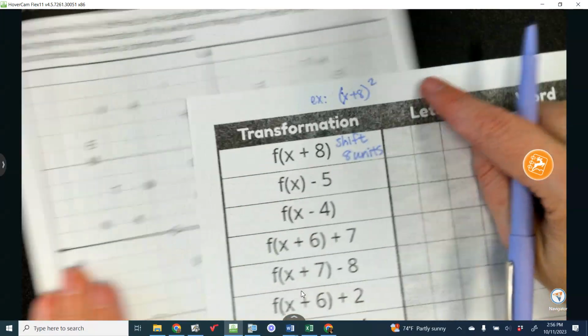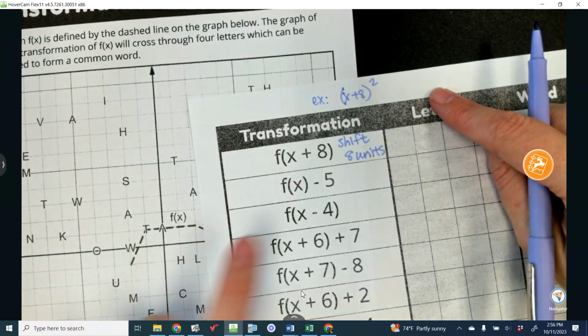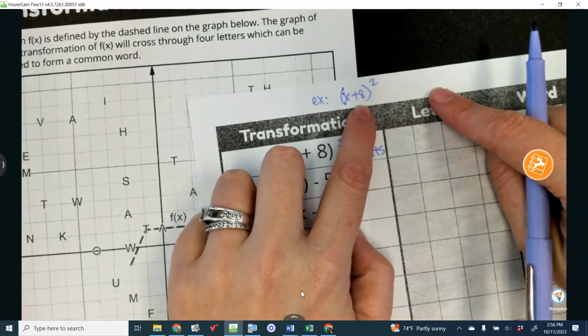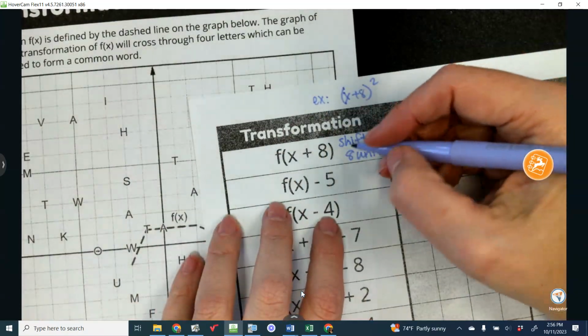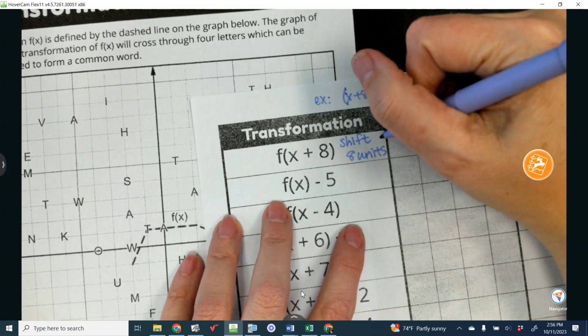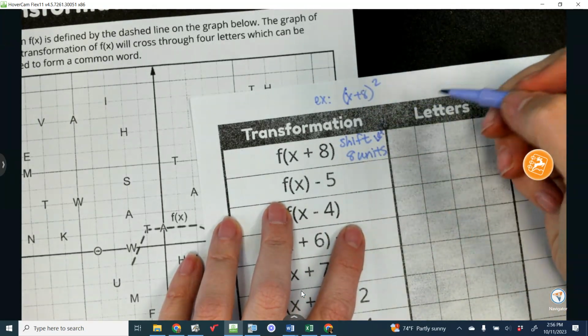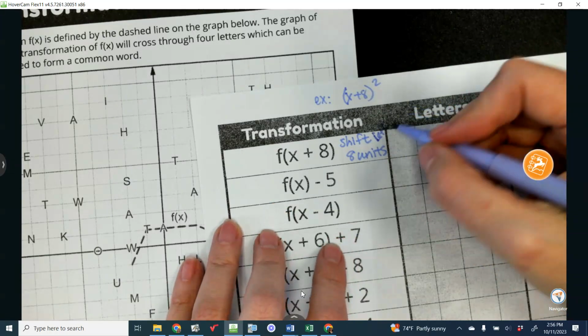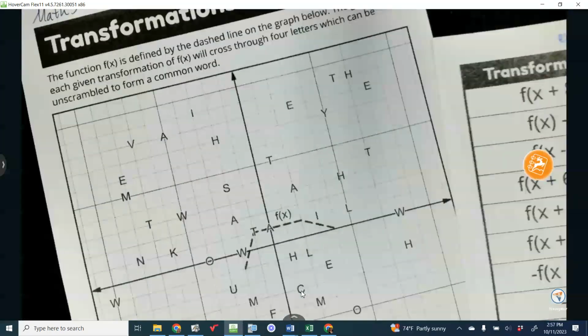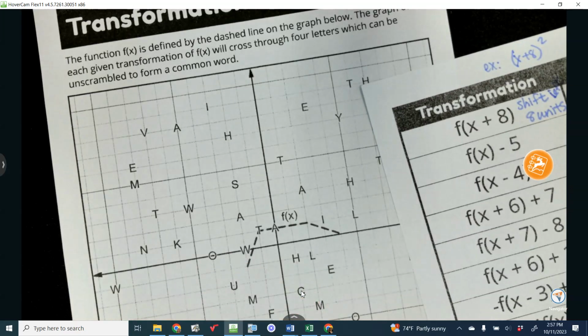Remember, this is just our random function. So this is a shift in units to X. And so that's what we're going to do. We're going to move it 8.